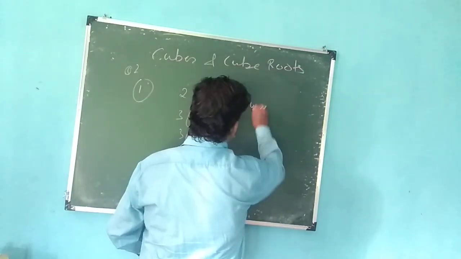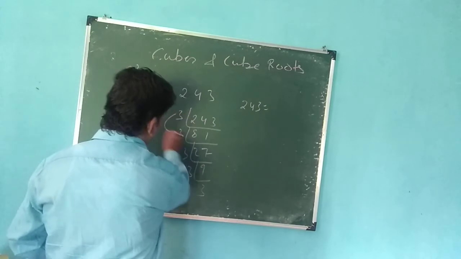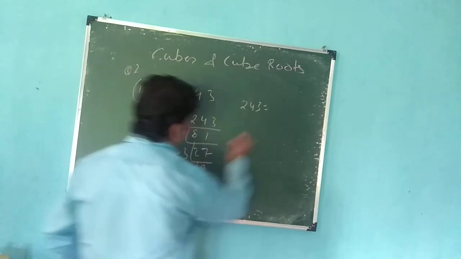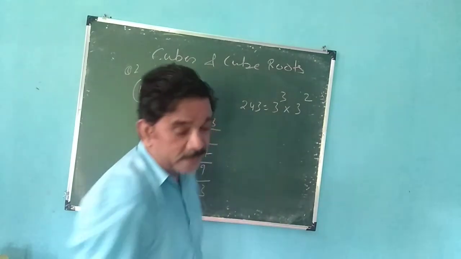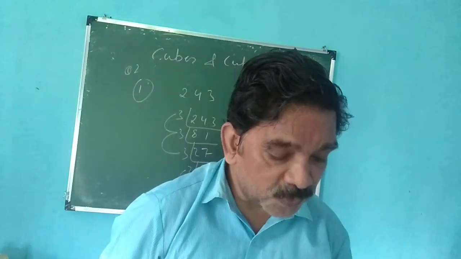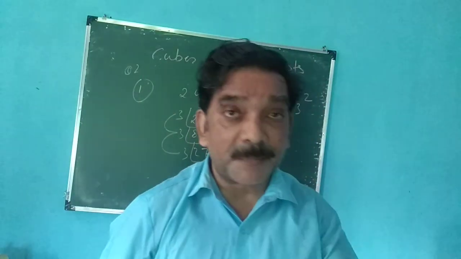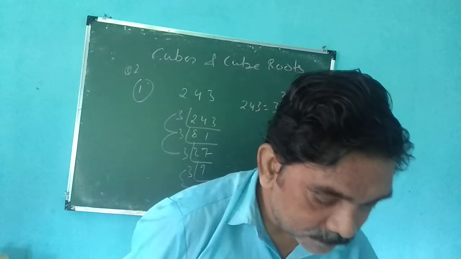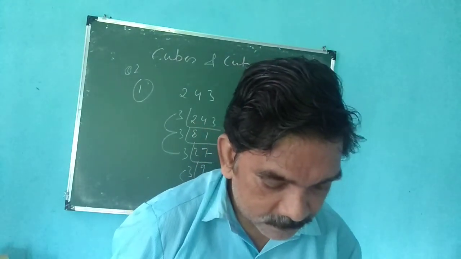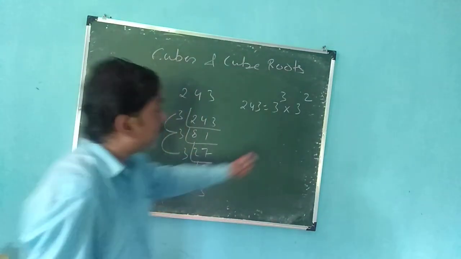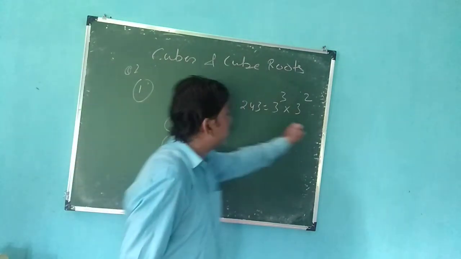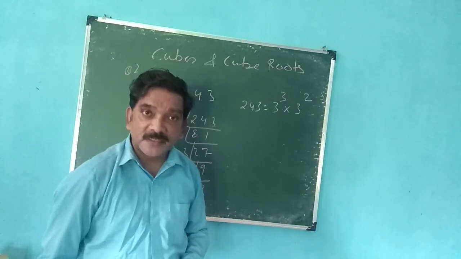So 243 means a cube and this is a square. So you have to find a number that you multiply to make it a perfect cube. Clear? Now it is very clear, if I multiply one more 3 here, this number will become a perfect cube.